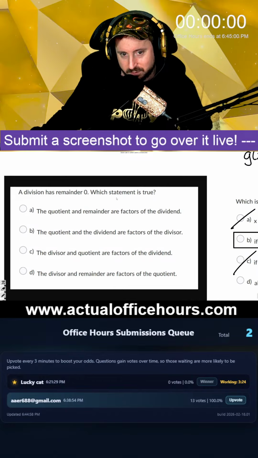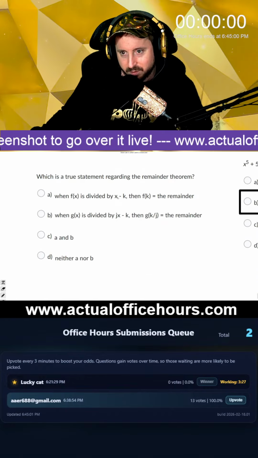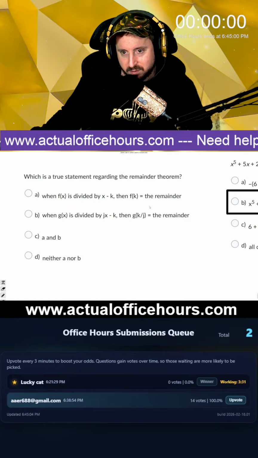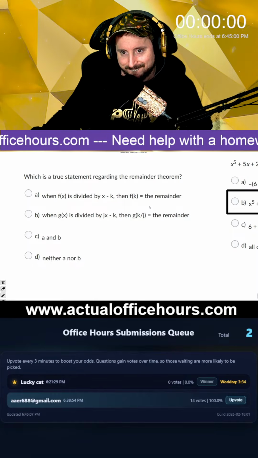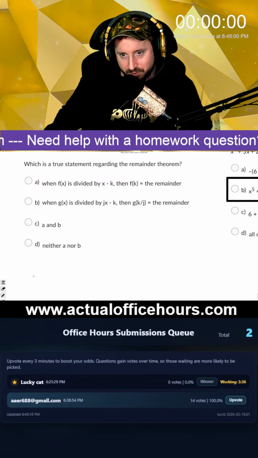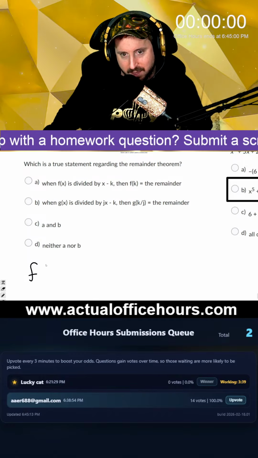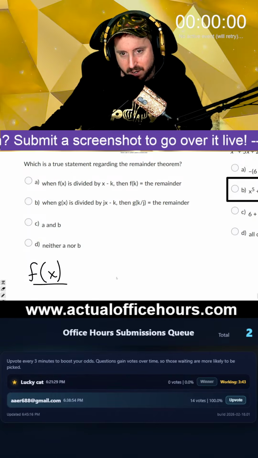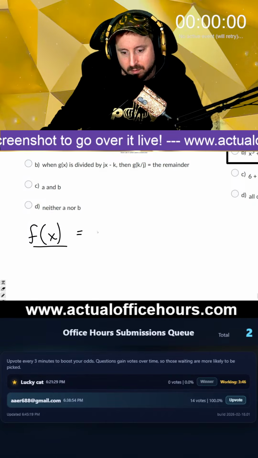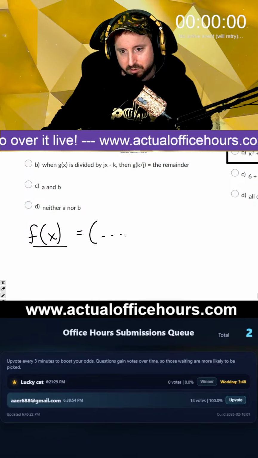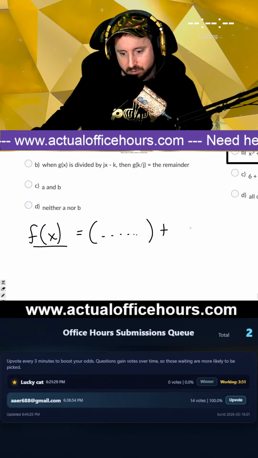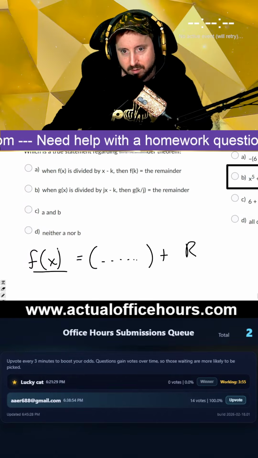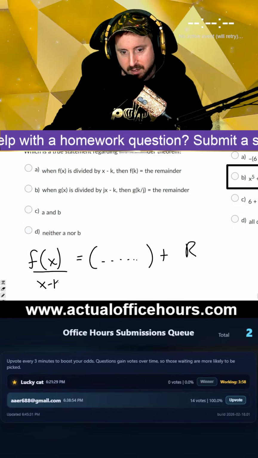One second, let me look at this one. When f of x is divided by x minus k, then f of k is equal to the remainder. No, I remember what this is. If you have f of x divided by x minus k, this is going to equal something plus a remainder over x minus k.